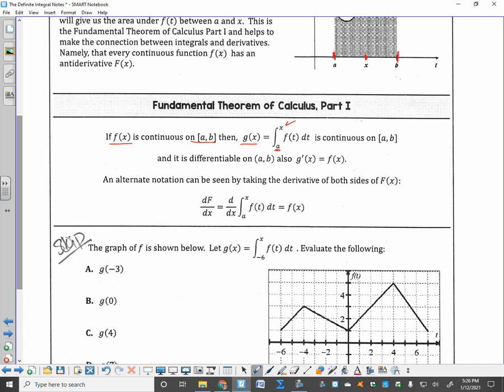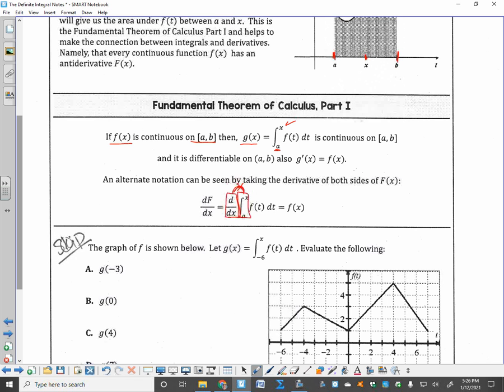Here's another way you can look at it. Alternative notation can be seen by taking the derivative of both sides. Look, guys, this is saying take the derivative of an integral. Well, they're opposites of each other. They cancel each other out.